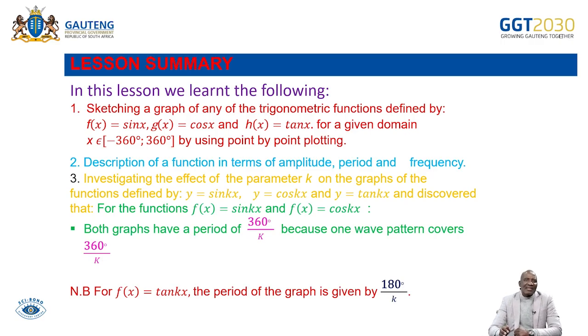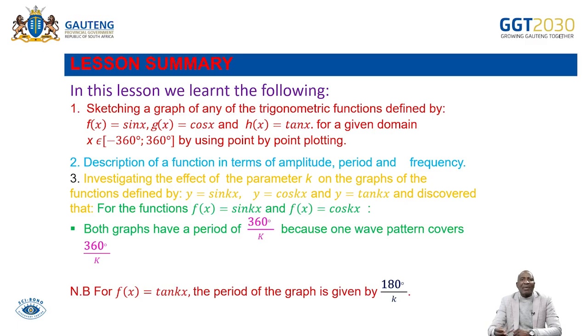If there are no questions, allow me to conclude the lesson by saying, in today's lesson, we looked at how we sketch a graph of any trigonometric function defined by f of x equals sine of x, g of x equals cos of x, and h of x equals tan of x within a given domain, x element of negative 360 to 360, by using what we call point-by-point plotting. Two, description of a function in terms of its amplitude, period, and frequency.